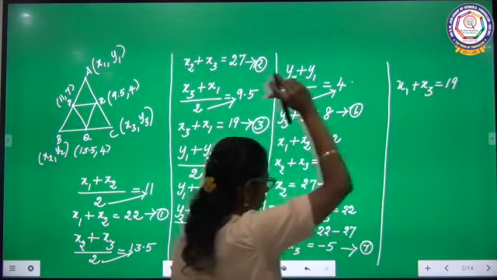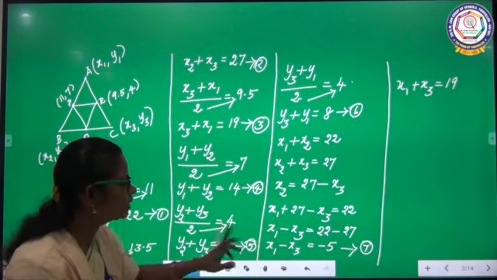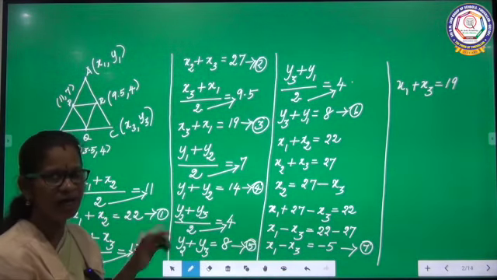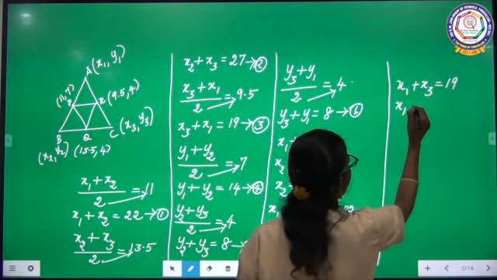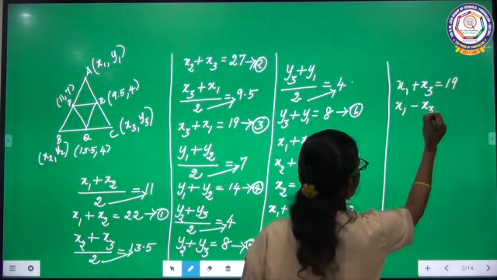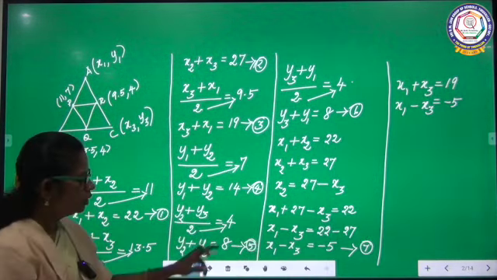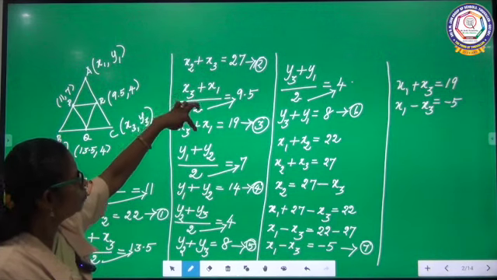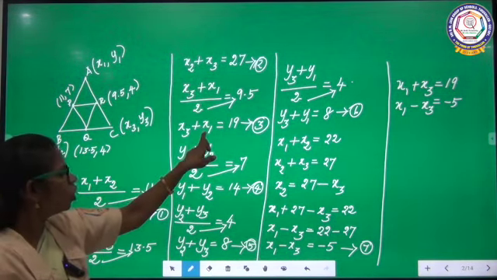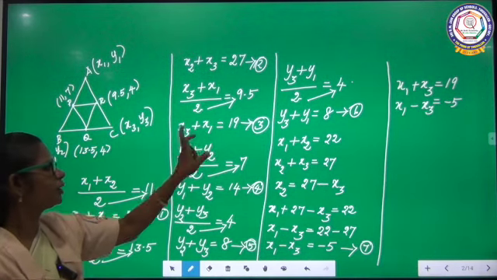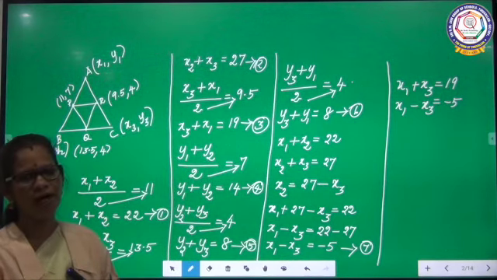What I said? I am going to apply the elimination method on equation number 3 and 7. What is 7? x1 minus x3 equal to minus 5. Right? 7 and 3. I gave an example, 2 plus 3 equal to 3 plus 2. So, I interchange: x1 plus x3 equal to 19, x1 minus x3 equal to minus 5.